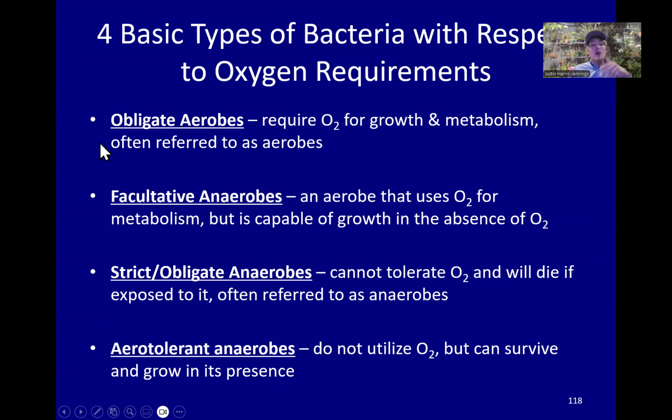So anyway, how we classify them is either by obligate, facultative, or aerotolerant, where obligate means it must happen. So obligate aerobes must live with oxygen, or they're obligated to live with oxygen. And so these are going to be able to grow in an abundance of oxygen.